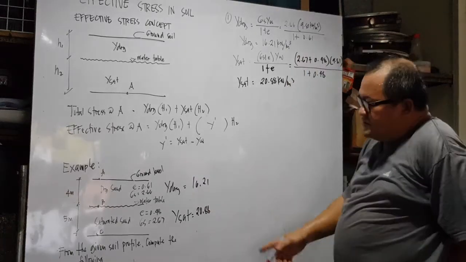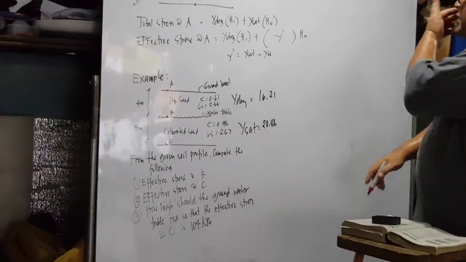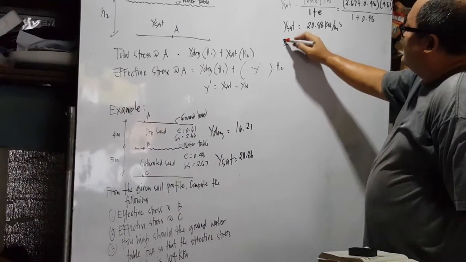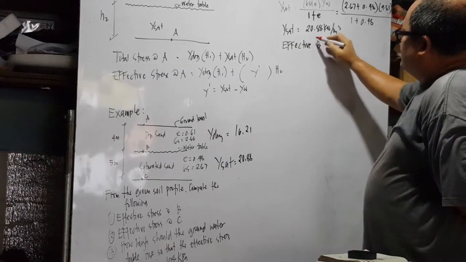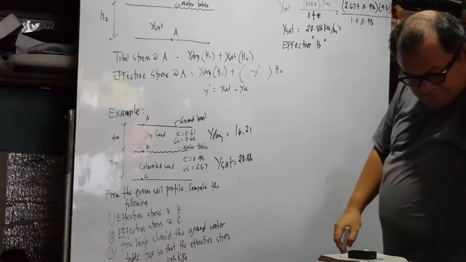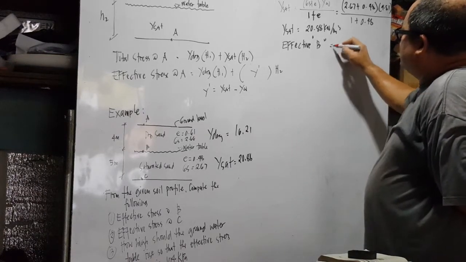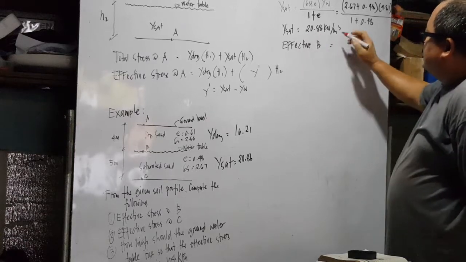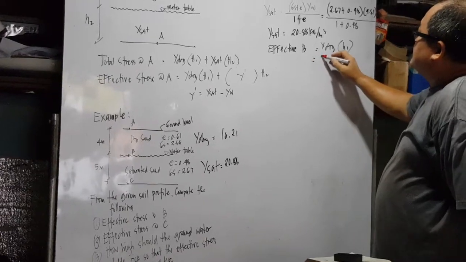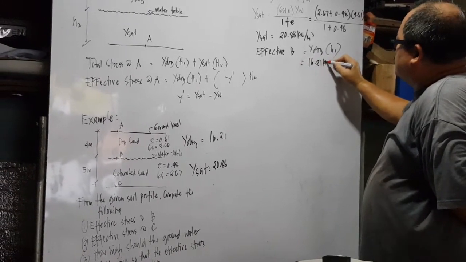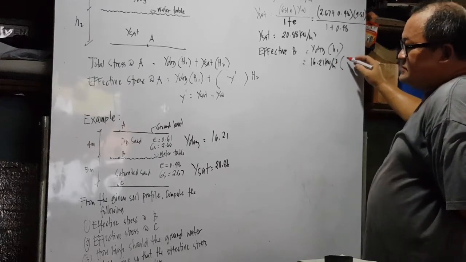Now, the first question is, what is the effective stress at B? So, effective stress at B will be equal to Y dry times H1. So that is 16.21 kilonewton per cubic meter times H1 mga 4 meters.